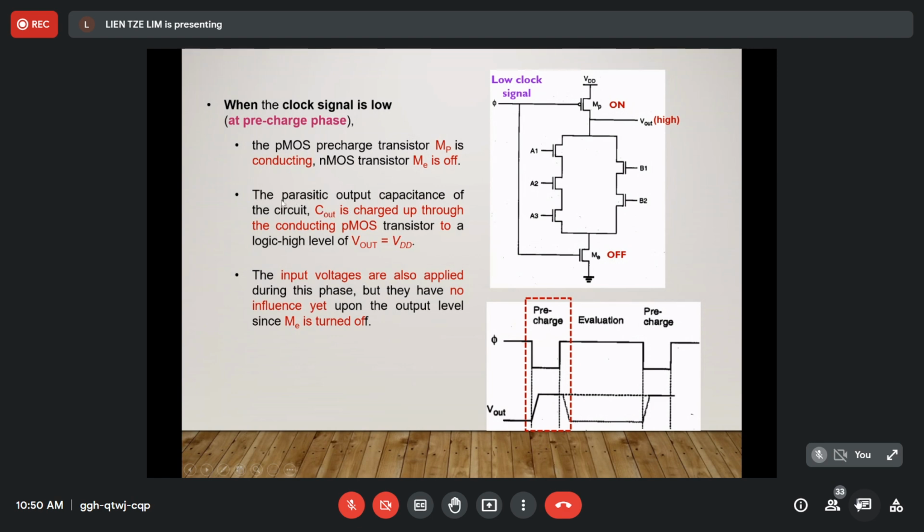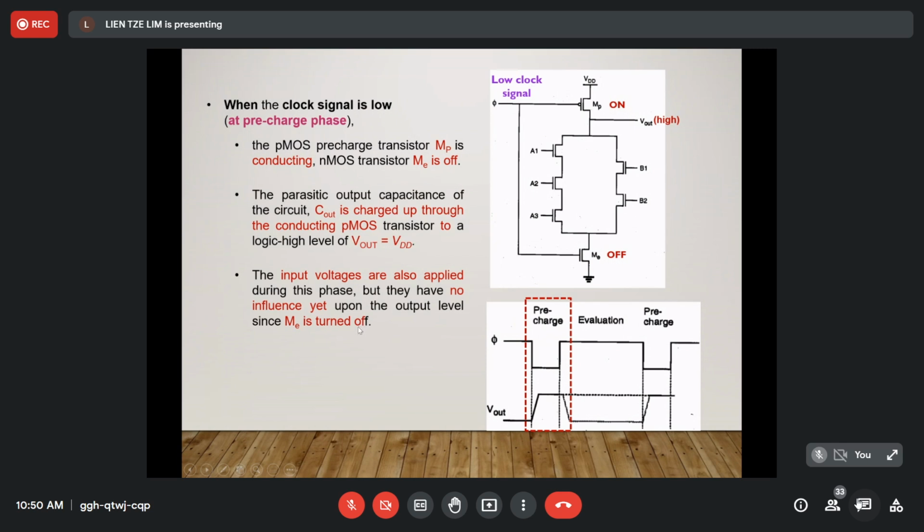The parasitic output capacitance of the circuit, Cout, is charged up through the conducting PMOS transistor to a logic high level of V out equal to VDD. The input voltages are also applied during this phase, but they have no influence yet upon the output level since the NMOS is turned off.